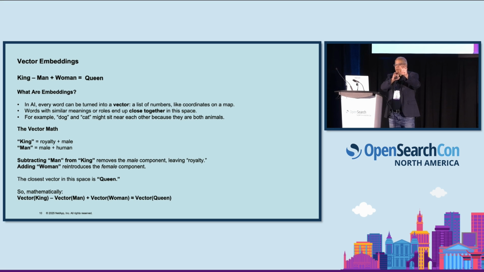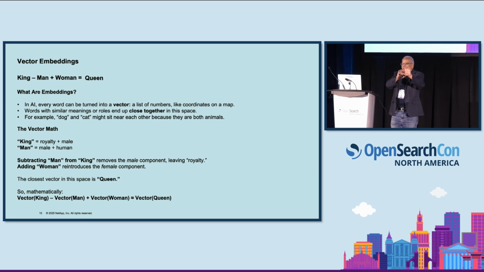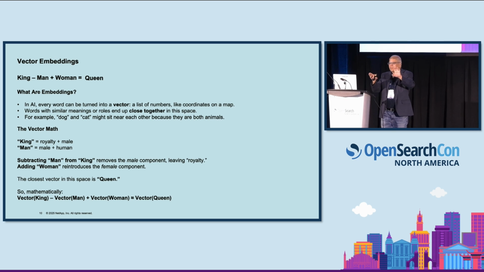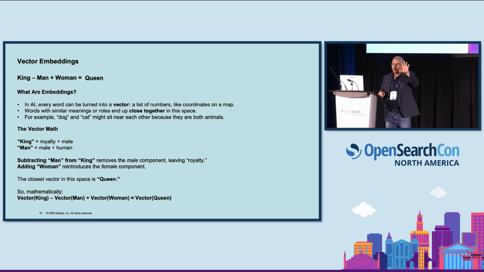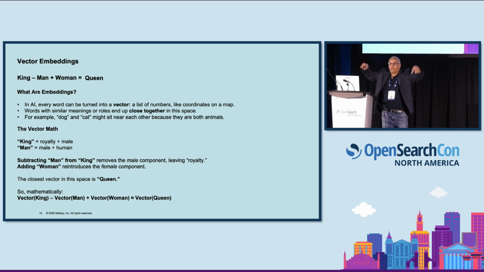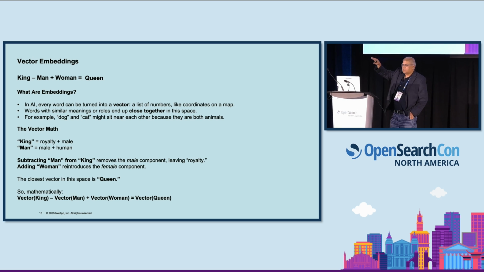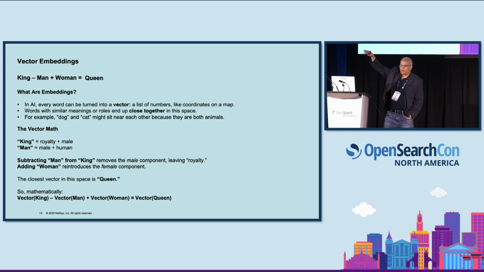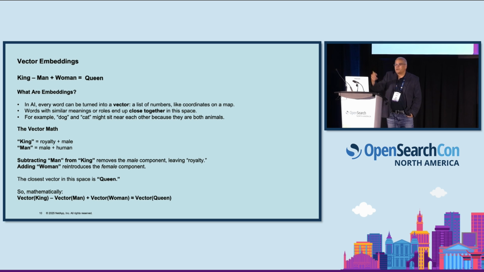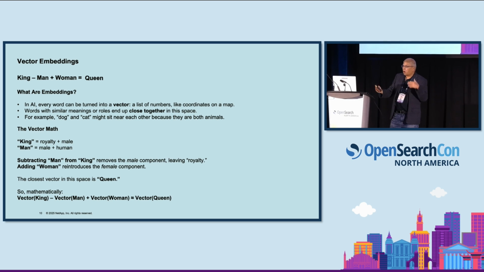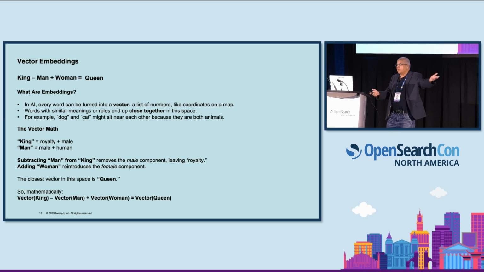The numbers for king form between royalty and male. If you remove male, only royalty remains. If you add woman, it becomes royalty plus woman, and in that array you can search and see that the nearest number for that is queen. So you're teaching the computer how to do arithmetic using text or audio or video or anything else. That is what embeddings are.